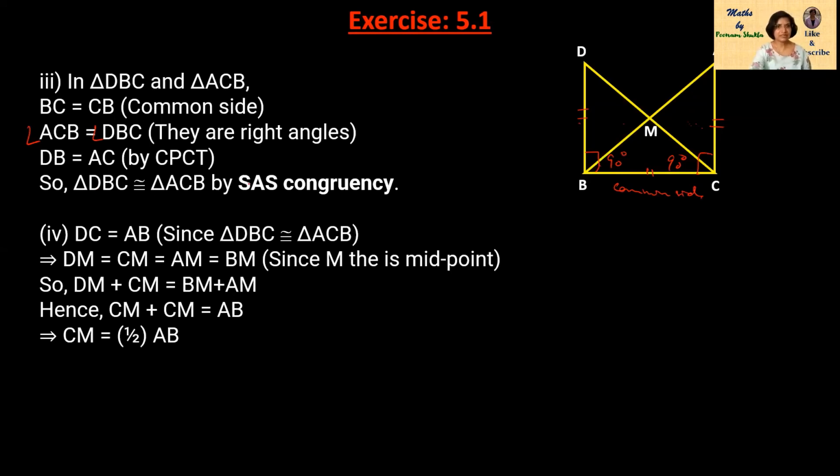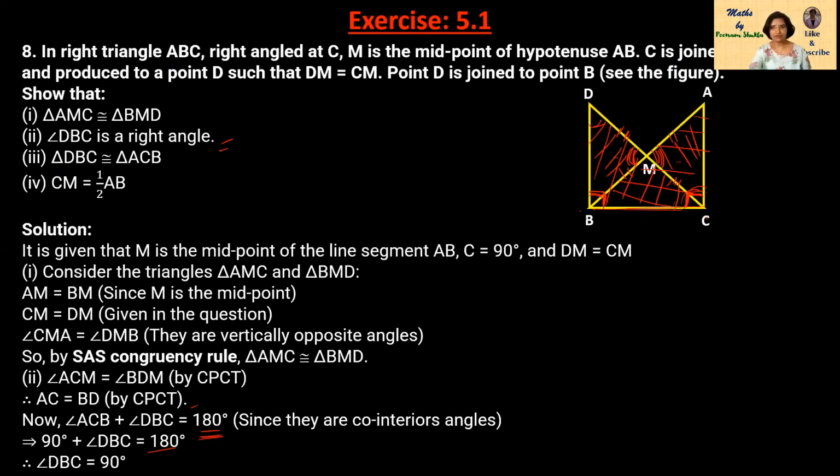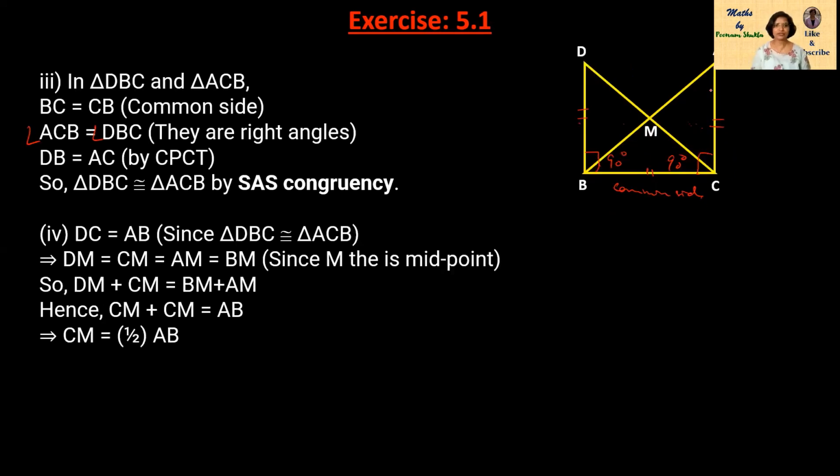The fourth part says CM equals half of AB. Where is CM? This part is half of AB, and we have to prove it. For that, we take all sides. DM equals CM, AM equals BM, and all are equal. That means DM plus CM equals BM plus AM.